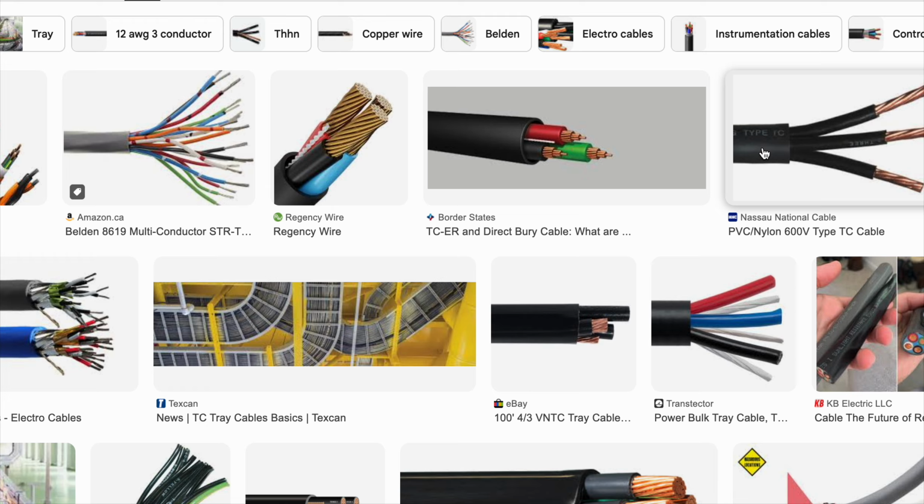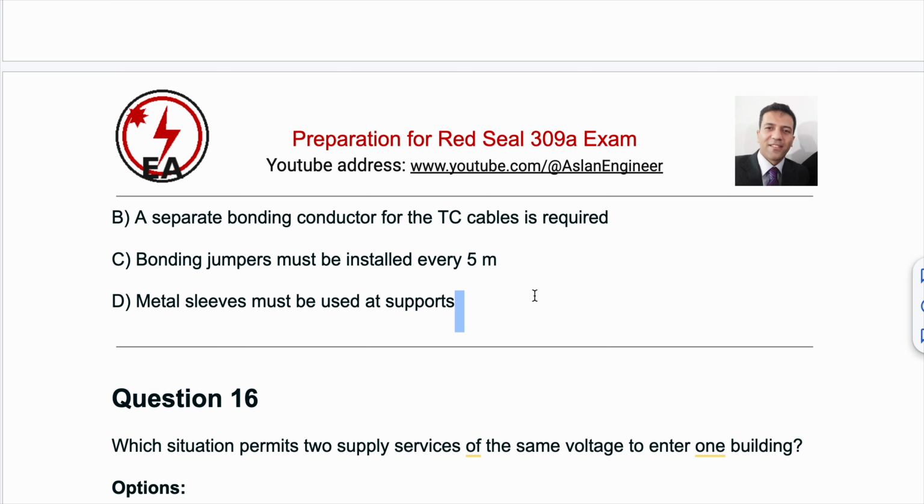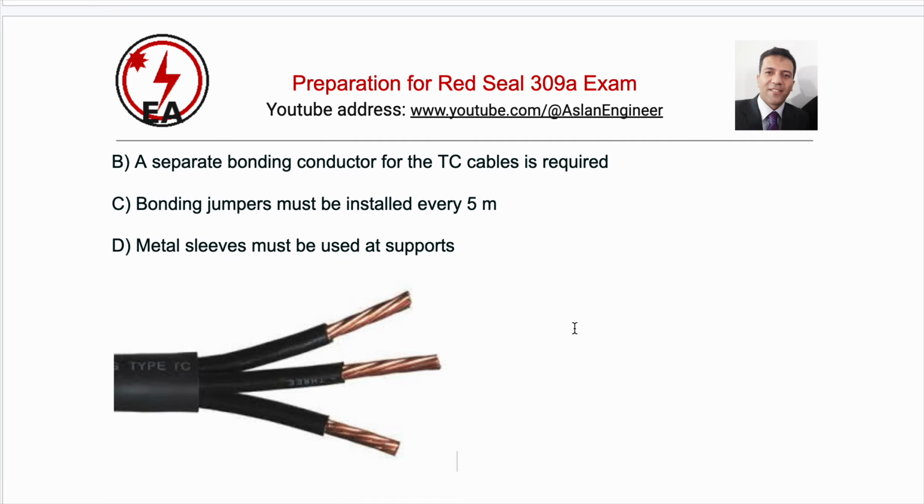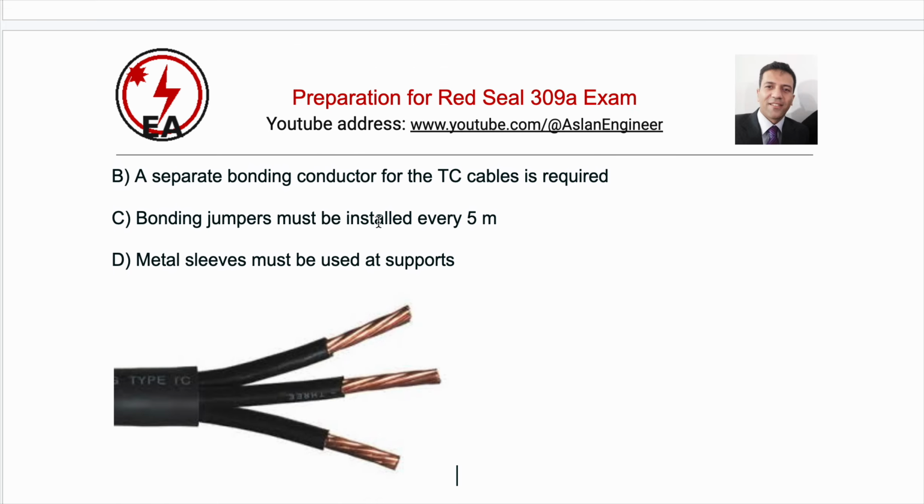TC cables are like this, and we don't have bonding, so we can use a separate bonding conductor. Bonding jumpers must be installed every 5 meters for the cable tray. Metal sleeves must be used to add supports.